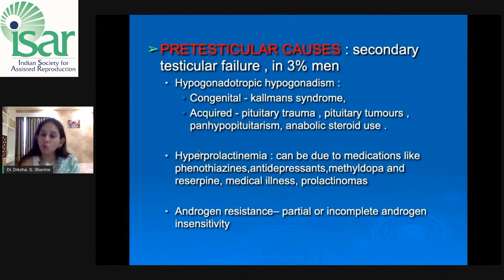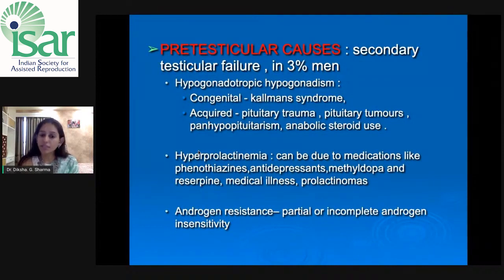Talking a little bit more in detail about the various causes, when we talk about the pretesticular causes, these comprise about 3% of the men with azoospermia. The subheadings of pretesticular causes are, like I said, hypogonadotrophic hypogonadism. This can be congenital. Men with Kallmann syndrome usually will have anosmia with azoospermia, and because of the hypogonadotrophic hypogonadism, they have azoospermia.